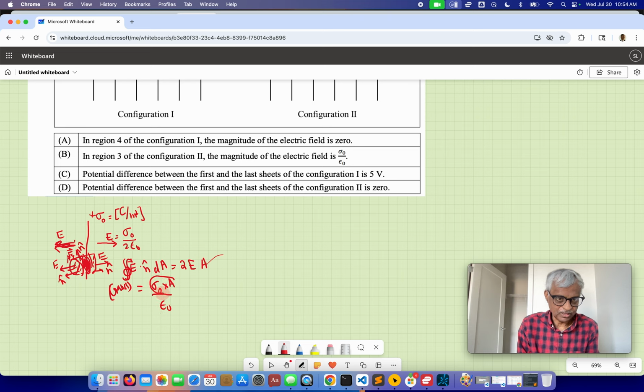When you equate this, E is sigma 0 over 2 epsilon naught.